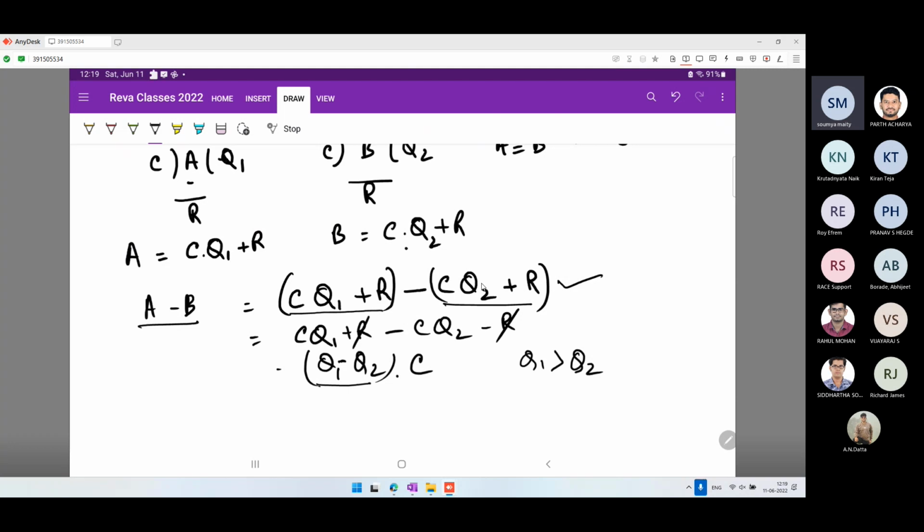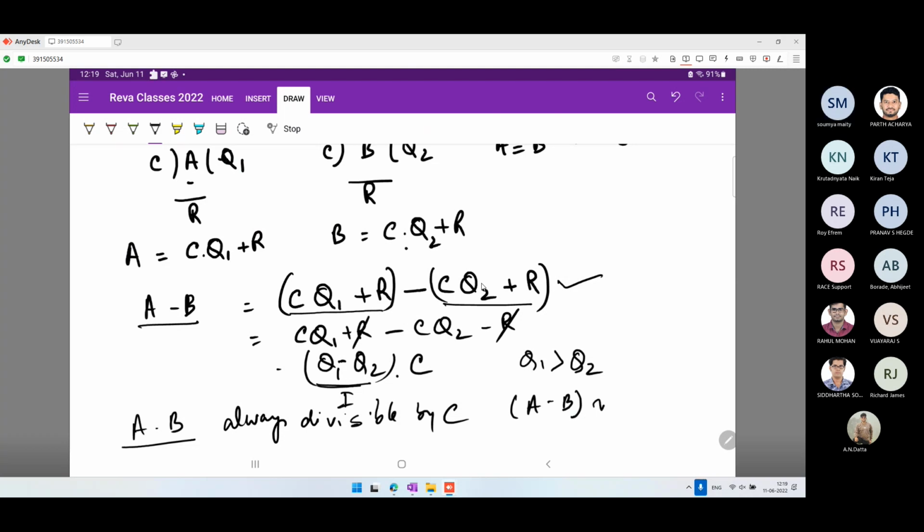So A minus B will always be divisible by C. Or A minus B mod C equals 0.